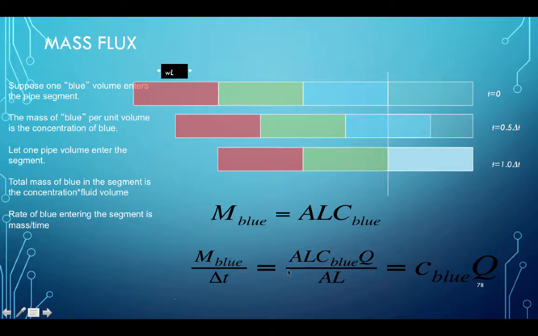In terms of arithmetic, the mass of blue is the area times the length times the concentration of blue in the segment. The rate of change of blue mass with respect to time is area times length times the concentration of blue times discharge divided by area times length. And so what we have left is the mass flux is concentration of blue times the flow rate.